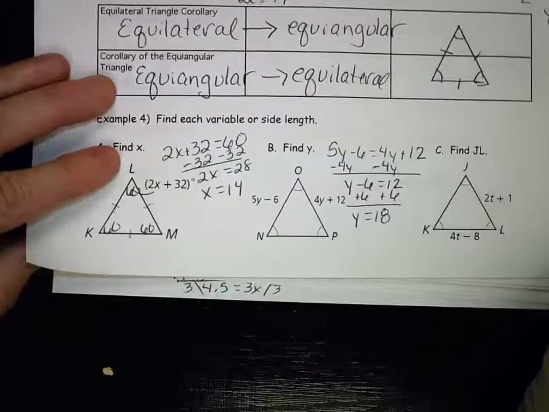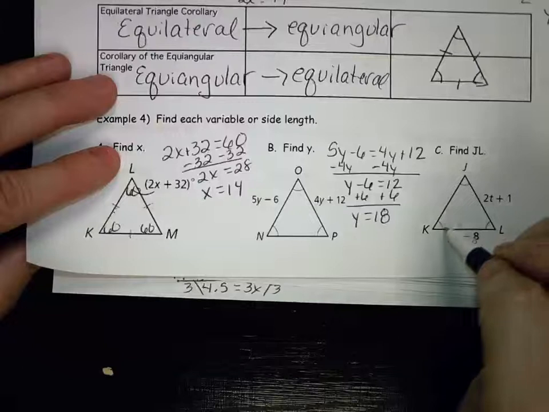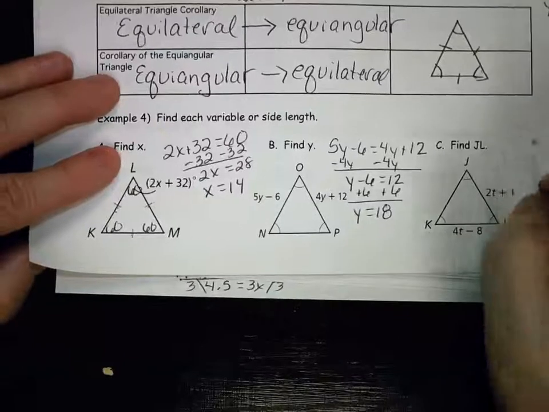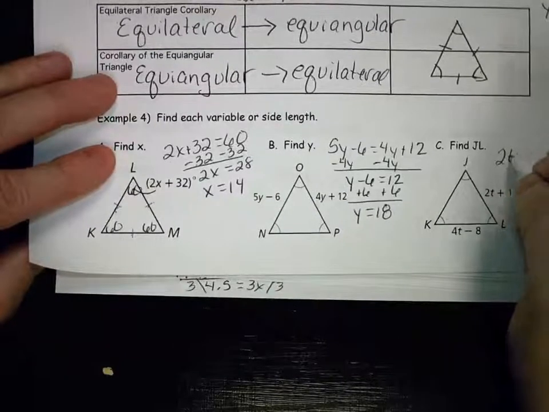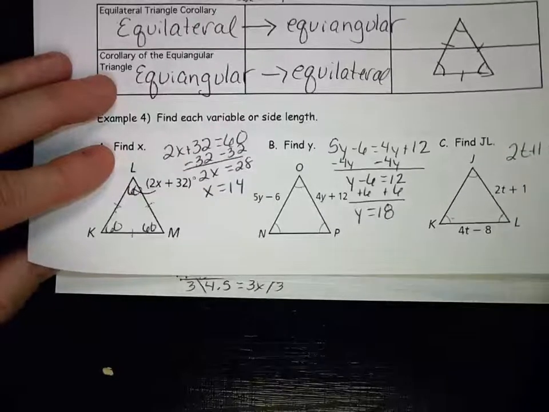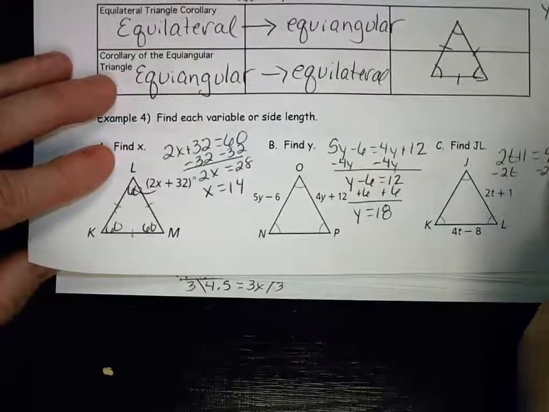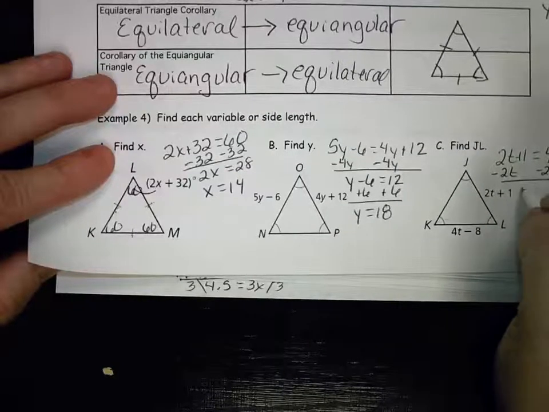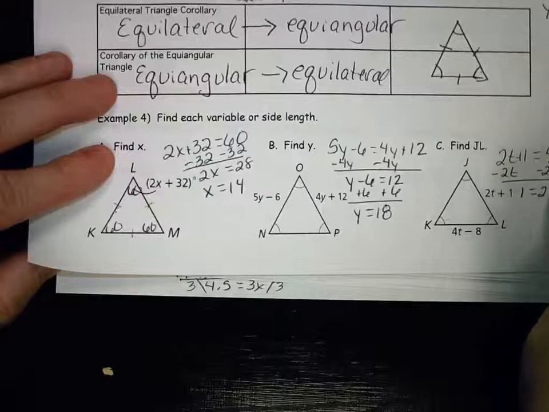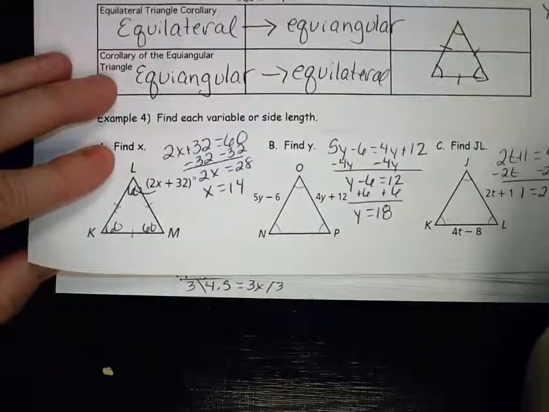Letter C, three angles are equal. That means the three sides are equal. So we will say 2t plus 1 equals 4t minus 8. From there you will subtract 2t from both sides, and that becomes 1 equals 2t minus 8.